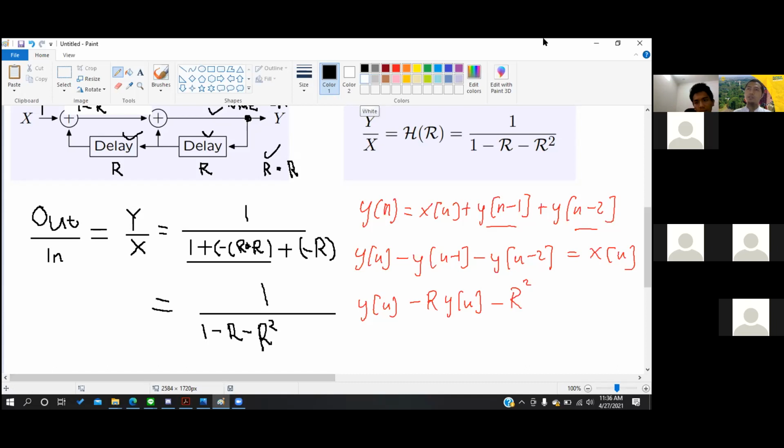Maybe some of you are asking, what is R? R is an operator, right? The operator that makes y become delayed.